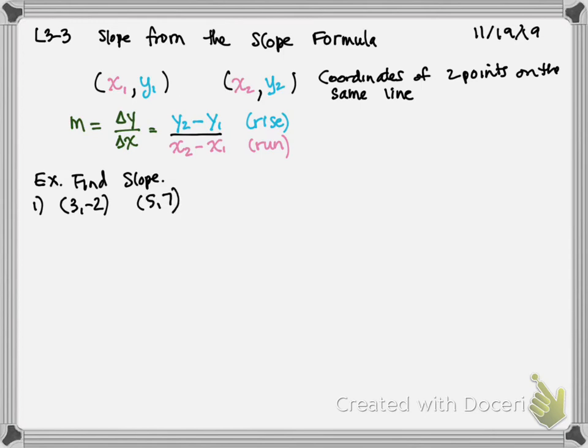Okay, so what I'm going to do is explain to you how I rarely make a mistake when I do my slope putting my numbers in, because I follow the same idea every single time. I look at my first ordered pair, and I notice I've got 3, -2. I'm going to take that ordered pair and rotate it left 90 degrees. That's going to put -2 on top and the 3 underneath. And I'm going to write it like a ratio, okay?